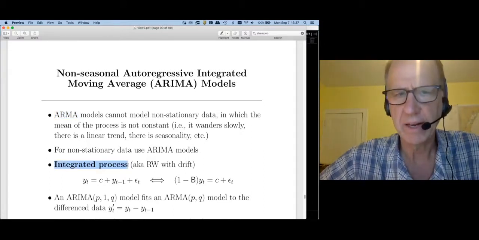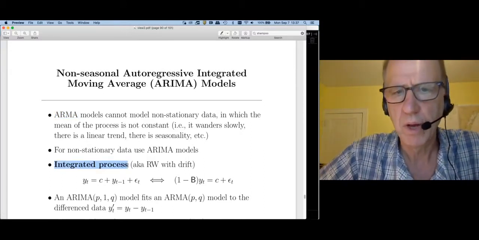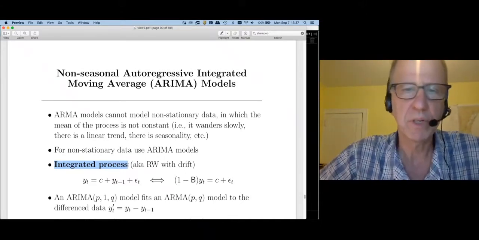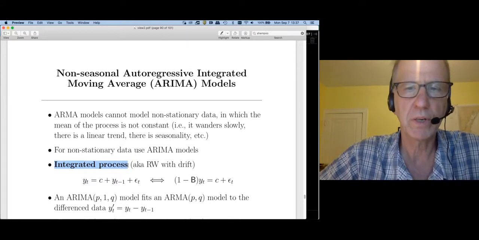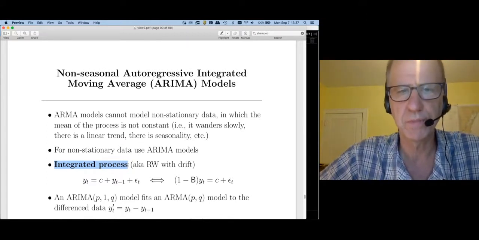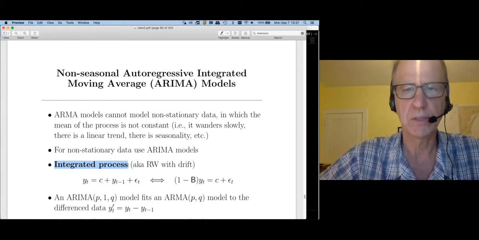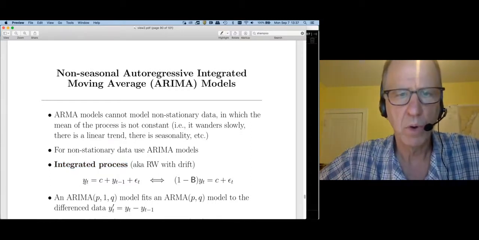Before we get into that, I'd like to define a new term, although this is really just another name for something we covered before. Before, we talked about random walks with drift; we're now going to call that an integrated process. This is the random walk with drift.